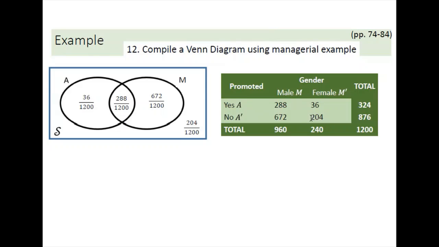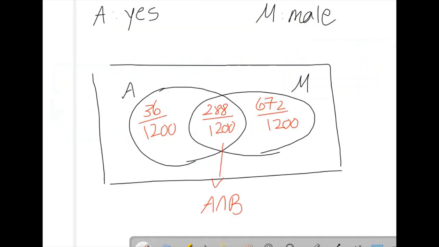Females who are not promoted are 204, so this part is 204 over 1200. You can see we can obtain the values on a Venn diagram by using a cross table.